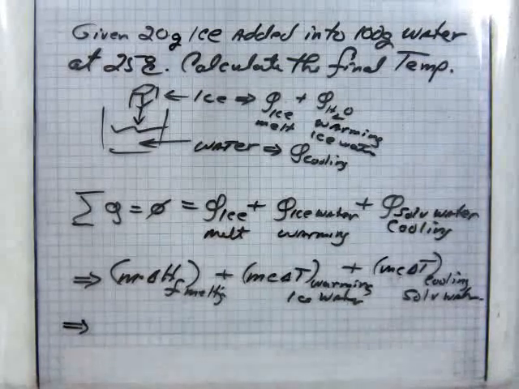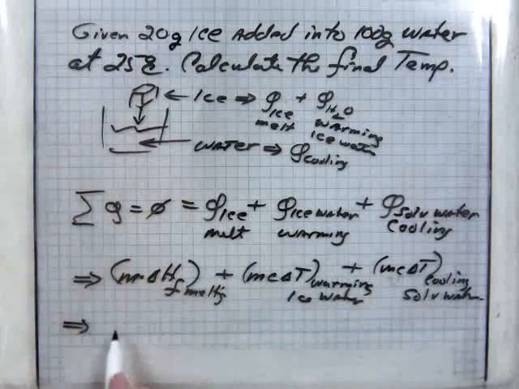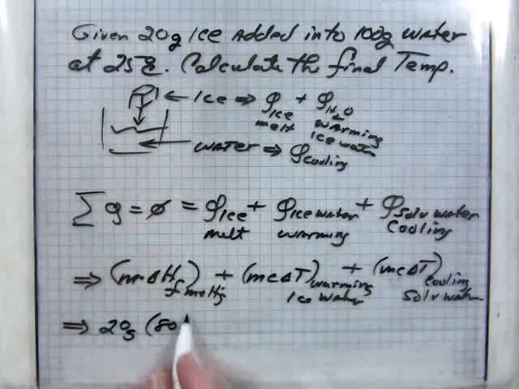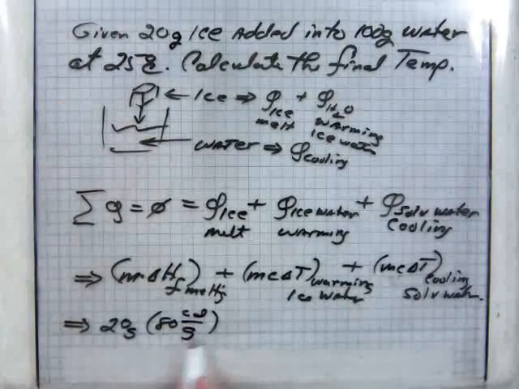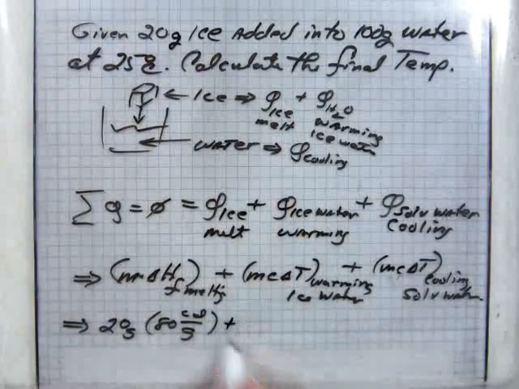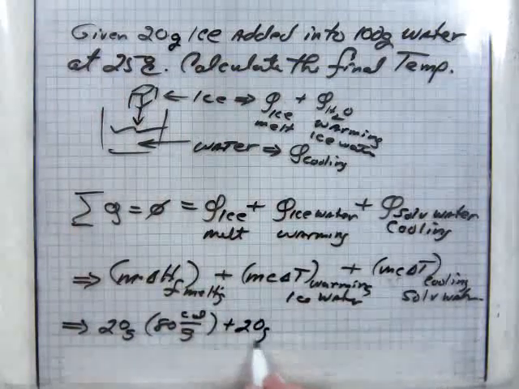So from the problem data, we want to melt the ice. We got 20 grams of ice, and that's 80 calories per gram. Of course, that would be published under the problem, all these phase change and constants. Now you have 20 grams of ice water.